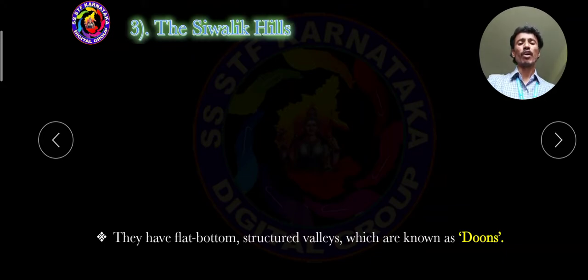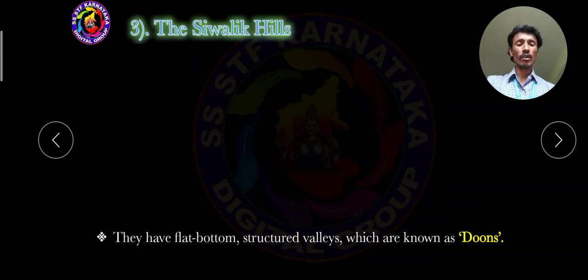They have a flat bottom. What does flat bottom mean? Flat means the land surface is equal, table land, a level land. And at the bottom, some places are deep structured valleys. They have flat-bottomed structured valleys which are known as dunes.